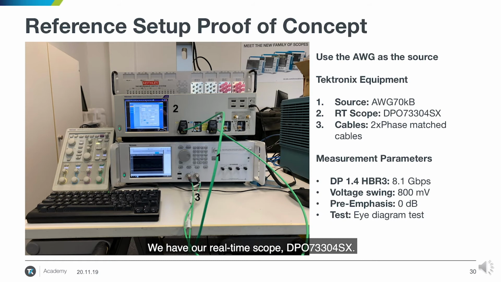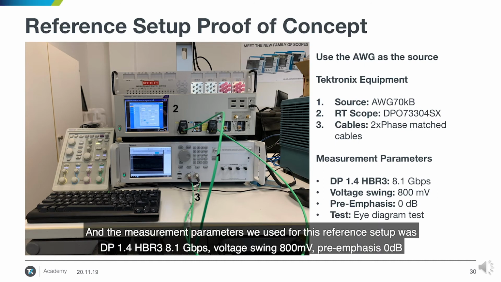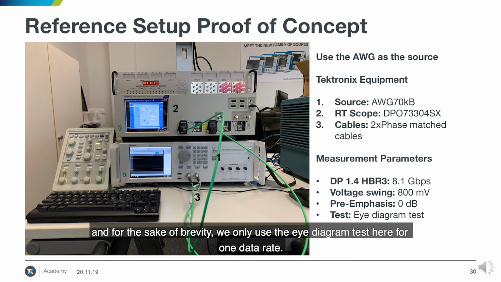We have our real-time scope, DPO73304SX 33 GHz series, and the measurement parameters used for this reference setup were DP 1.4 HBR3 8.1 gigabits per second, voltage swing 800 millivolt, pre-emphasis 0 dB, and for the sake of brevity we only tested the eye diagram test here for one data rate.